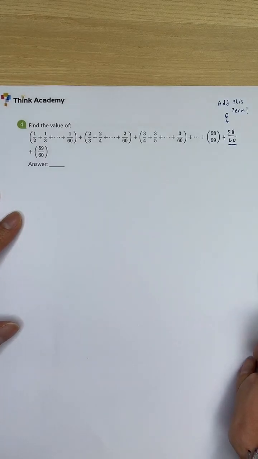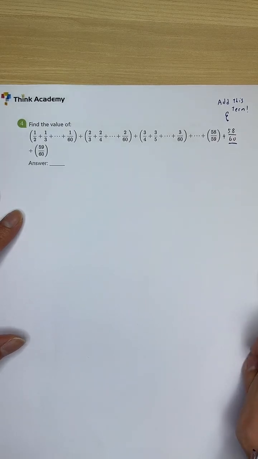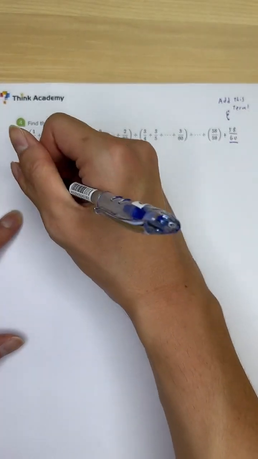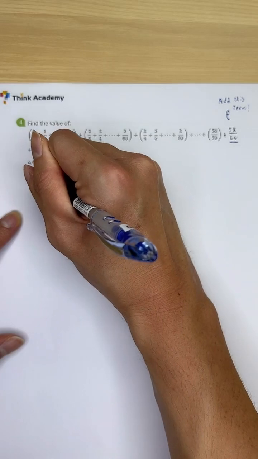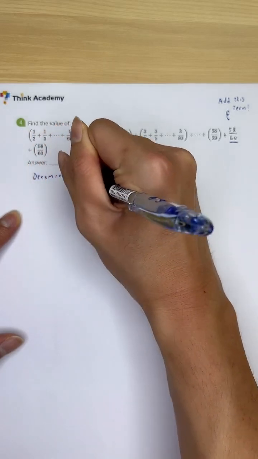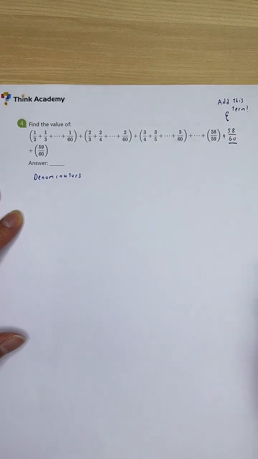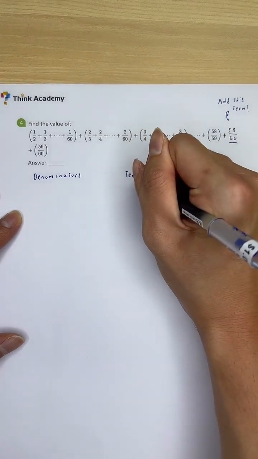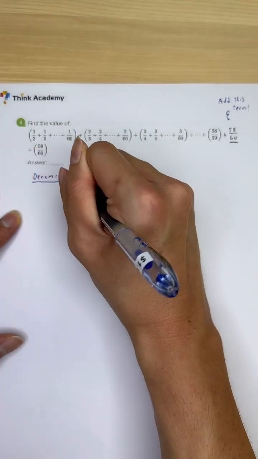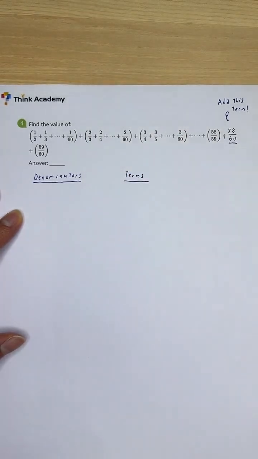So let's rearrange and try to collect some terms together. We'll look at the denominators and we'll look at the terms over here.